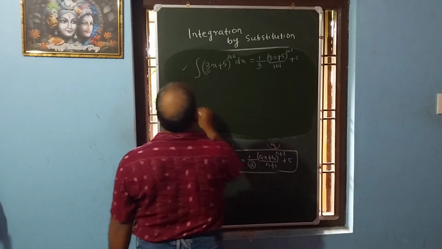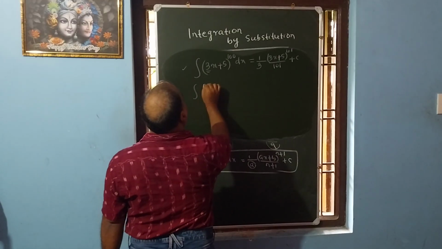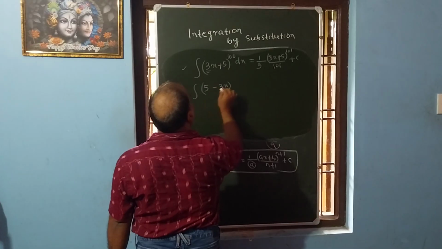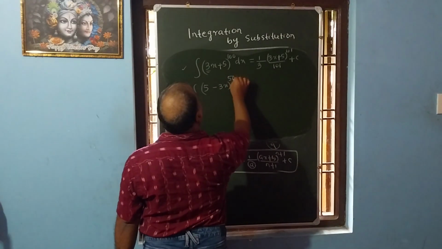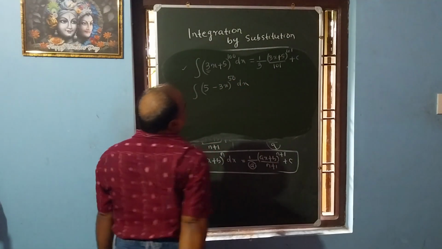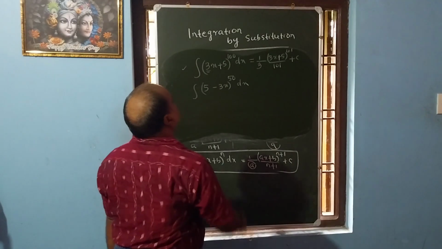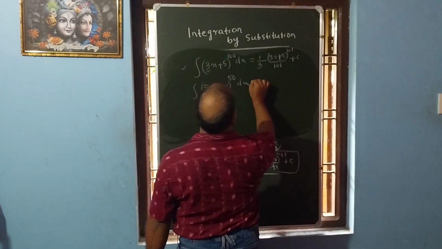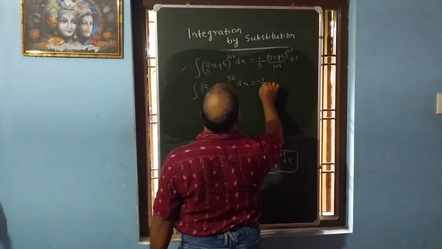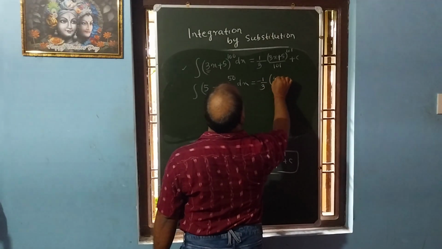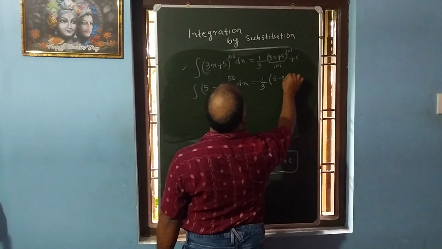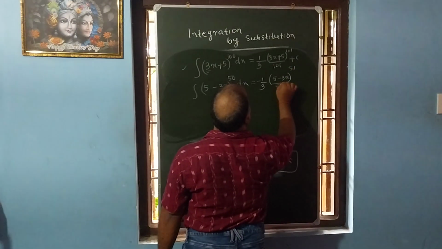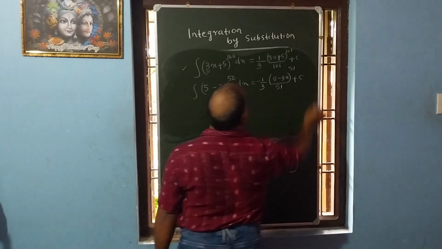Next, another example. Integral of (5 minus 3x) to the power 50 dx. So here the coefficient of x is equal to minus 3. So the value is equal to minus 1 by 3, (5 minus 3x) to the power 51 divided by 51, plus c.